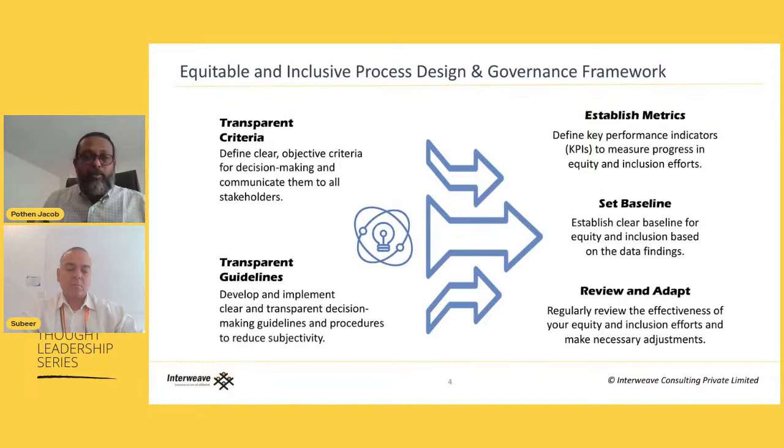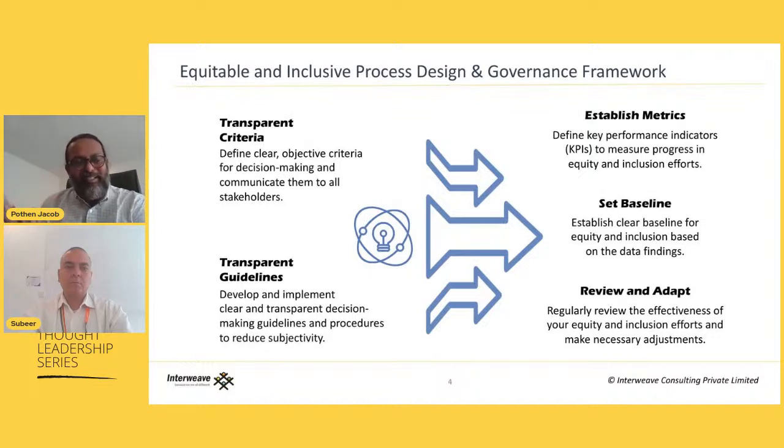So the first part is defining the boundaries and being transparent about those boundaries. Some are and some are not, in terms of transparency. And within those boundaries of transparency, you define how objectively the particular process can be defined and executed within the organization.